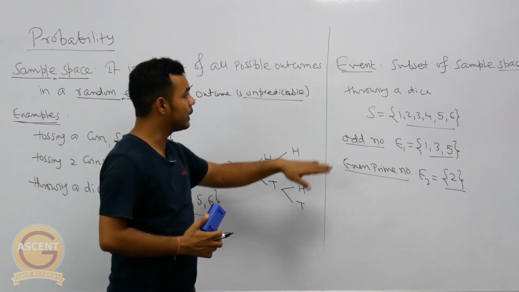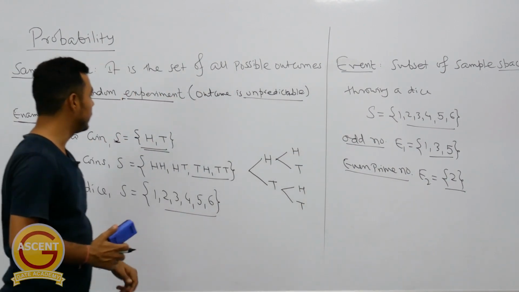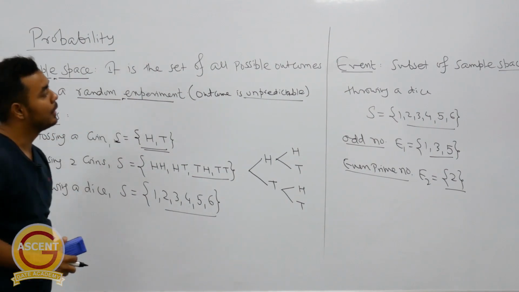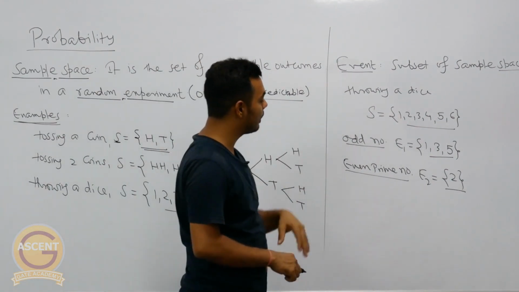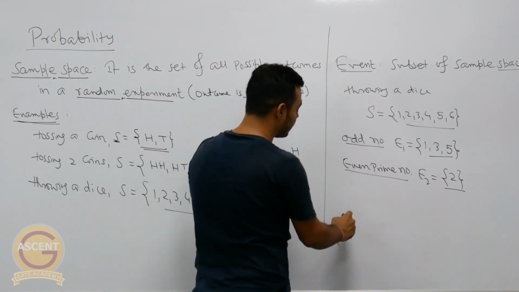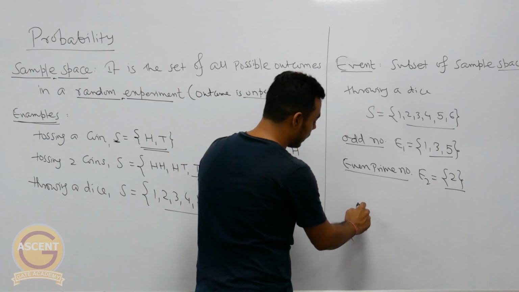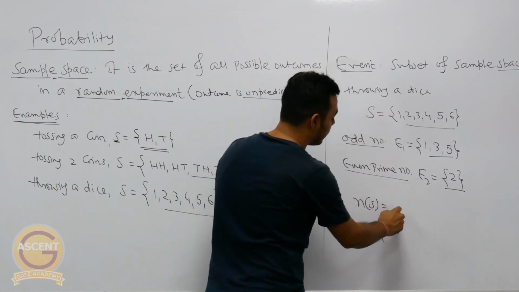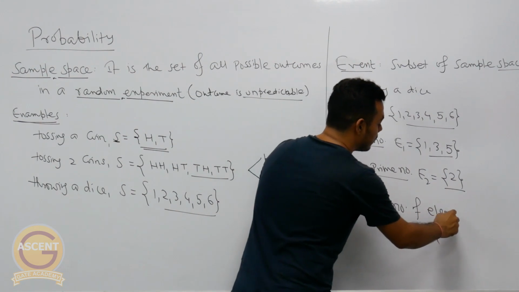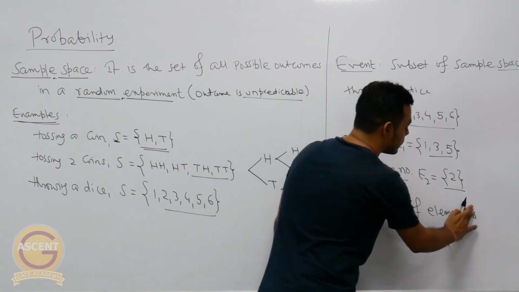In this way you can think of many other events. So these are two very basic terms. Sample space means the set of all possible outcomes. Event means simply a subset of the sample space. Now one more important thing. Suppose I have, say, n(S), the number of elements in the sample space.